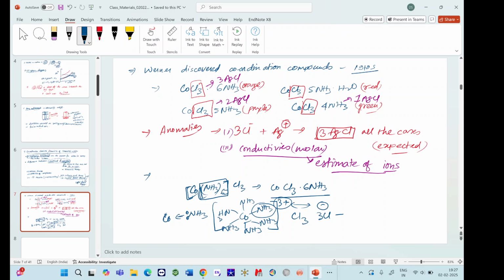So this was called primary valency, that we can detect through all the measurements, and this was called secondary valency.